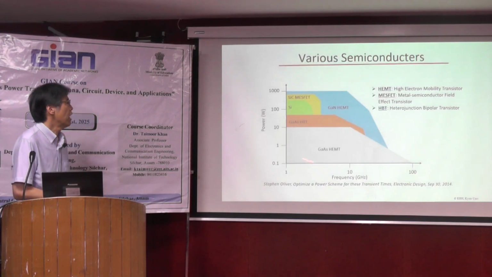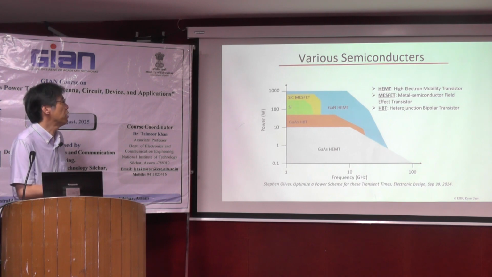This is a classification of the semiconductor 3-port devices. For the lower power, gallium arsenide HEMT apply. And when we increase the frequency, we have a limitation of the frequency of the silicon itself. And for higher frequency, we need gallium nitride or gallium arsenide.